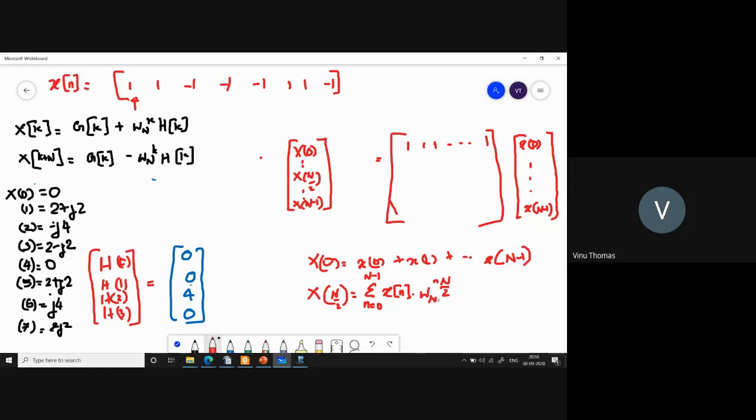Okay, can you tell me what is W_n raised to n by 2? W_n raised to n by 2 would be e raised to minus j 2 pi by n raised to n by 2. We cancel n and n and 2 and 2. So that is e raised to minus j 2 pi by 2, e raised to minus j pi, which is equal to minus 1.